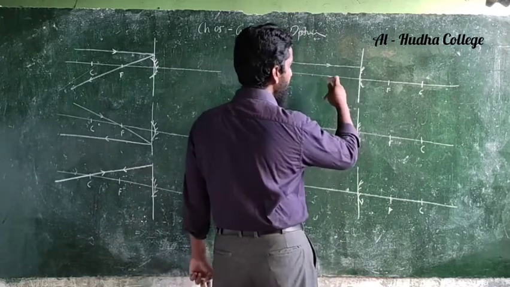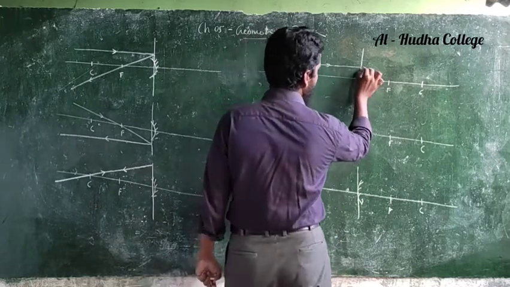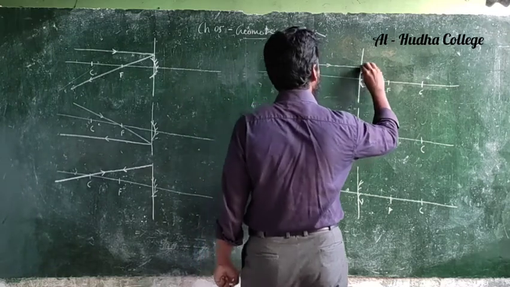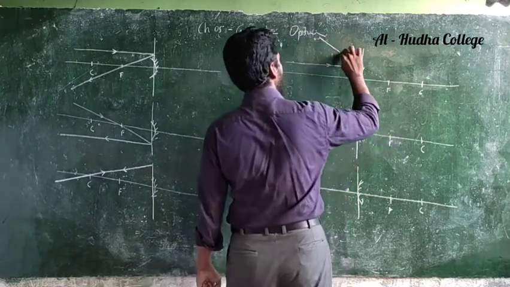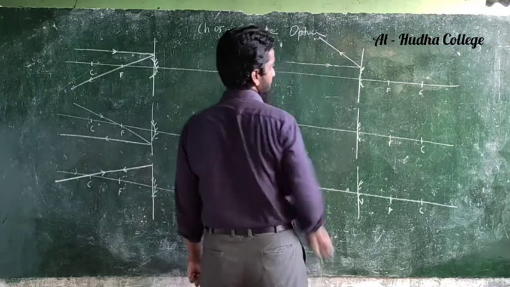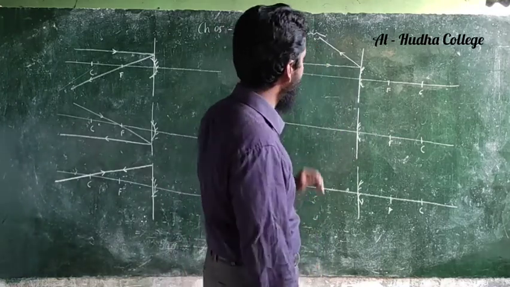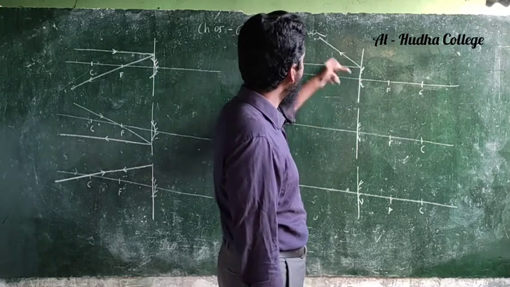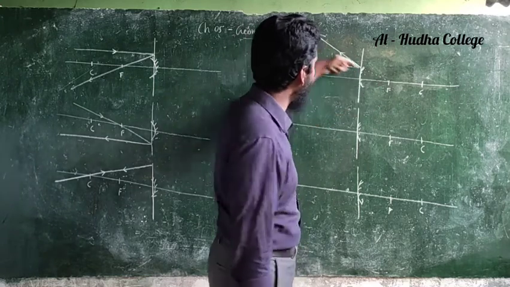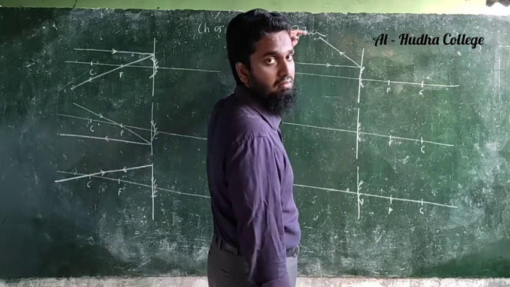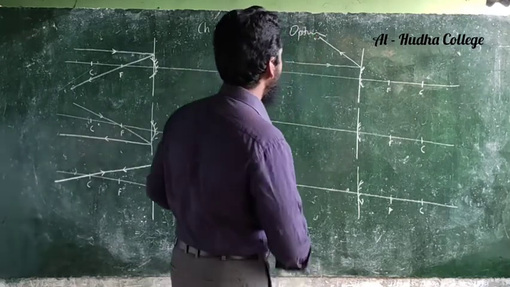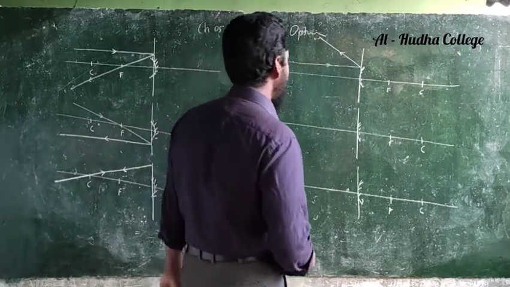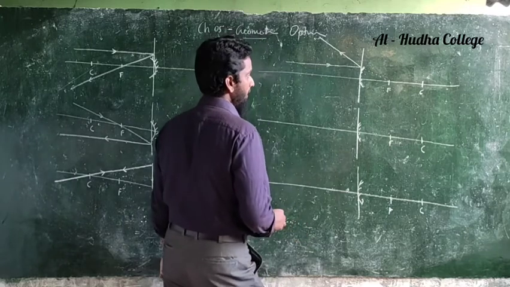Then it's going to reflect, but when it reflects, it reflects like going from the focus. After the reflection, it will appear this ray is coming from the focus. Therefore this is going to be the first ray diagram, the basic ray diagram for convex mirror.